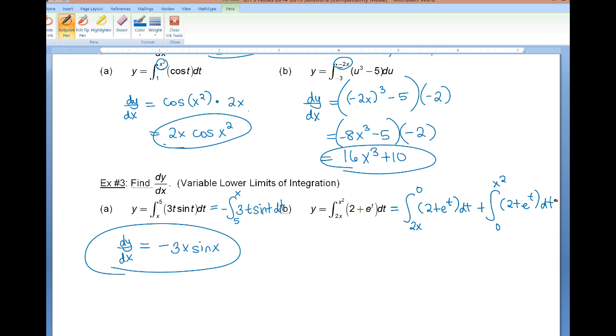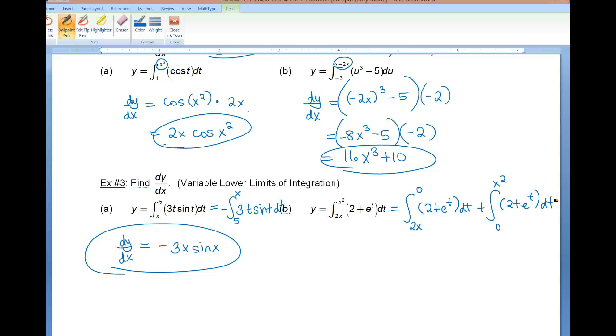The fact that I use 0 to break this up is kind of irrelevant. We can use any constant that we want. We can use negative 2, pi, 1,000. That constant doesn't have to be in between 2x and x squared. We just need to break it up into two separate parts.